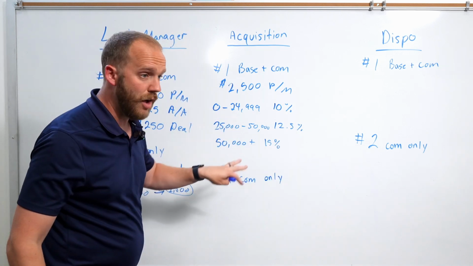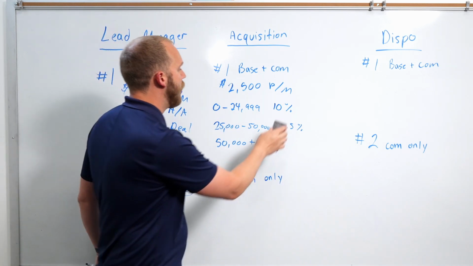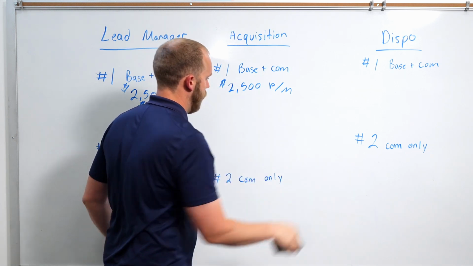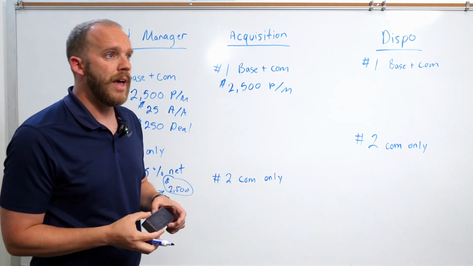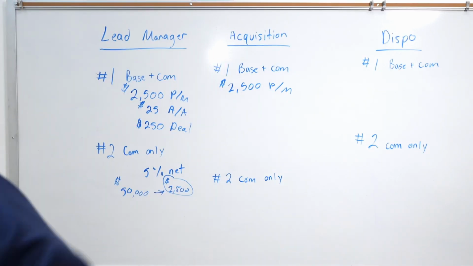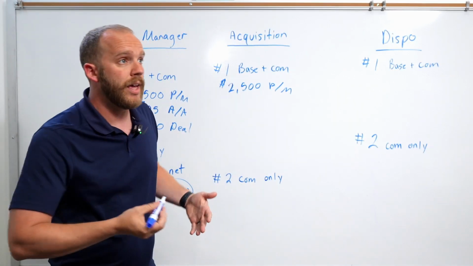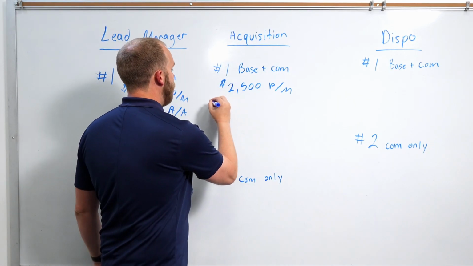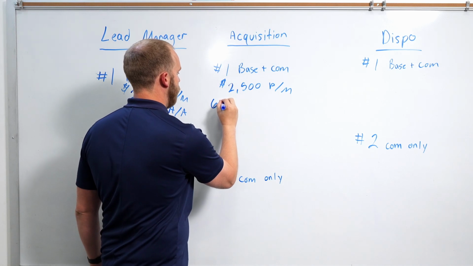So write this down, take notes on it. I'm going to do a quick example. Let's say that we have a deal that after all expenses, we made $60,000. Outstanding deal. So the profit was $60,000.